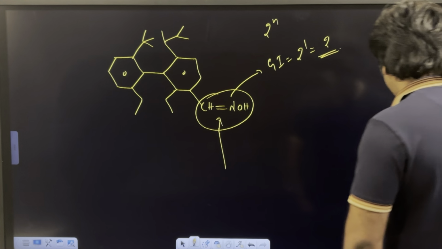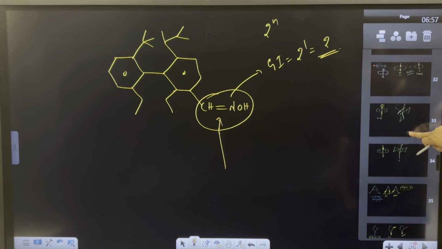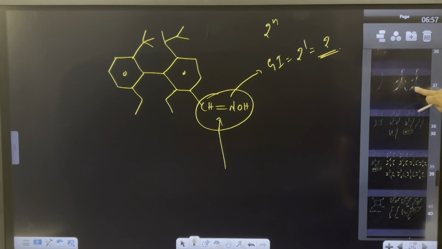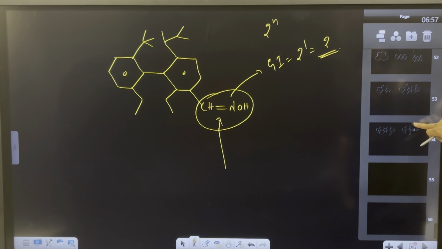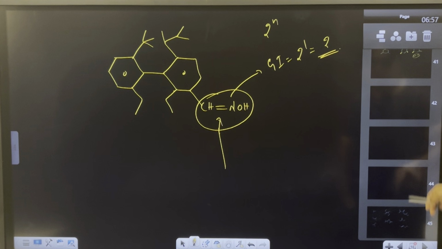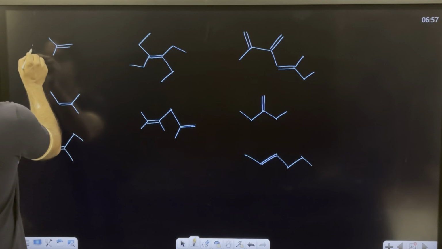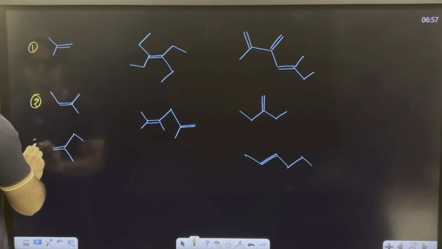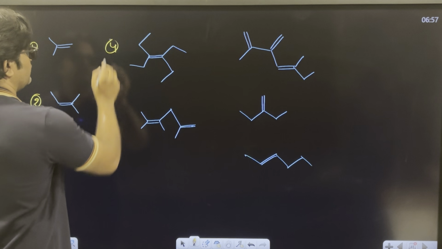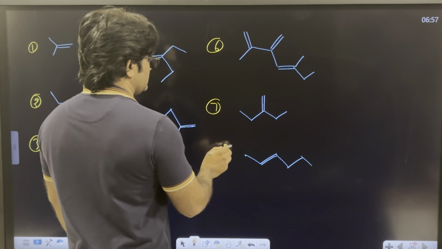If you want to practice on this geometrical isomerism, you can take a screenshot. Here the question is, how many of the following molecules can show geometrical isomerism? I am giving numbering. If possible, we will discuss in the next class. Third example, 4, 5, 6, 7, 8.